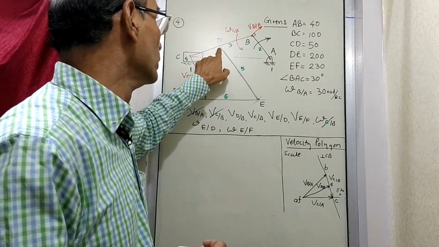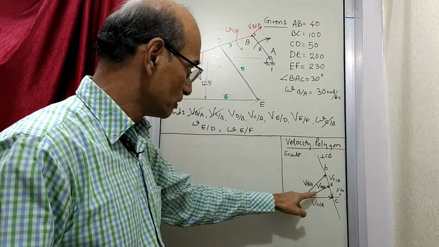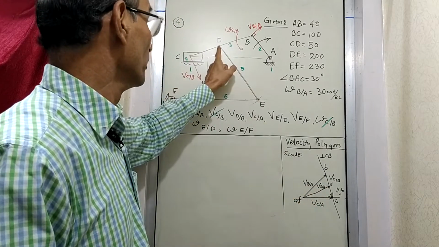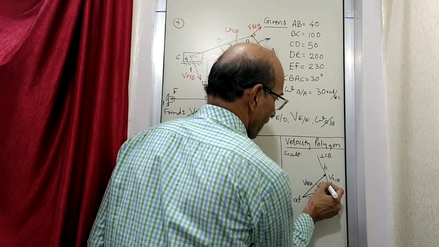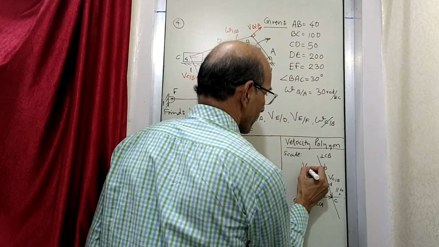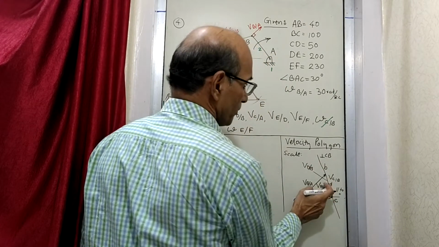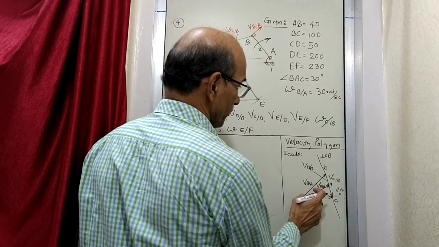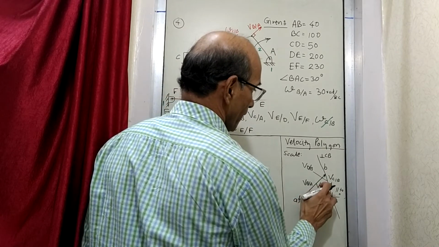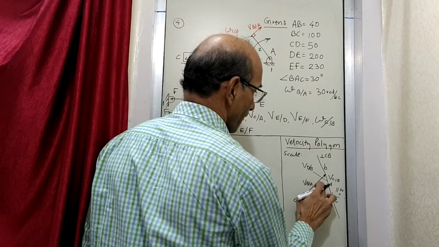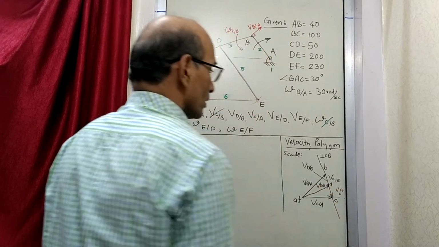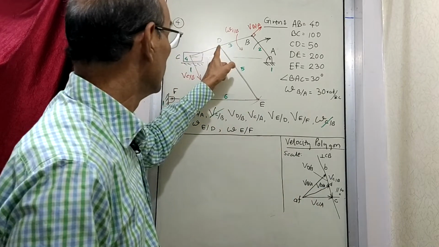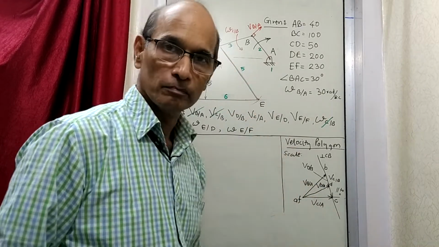So velocity of D we know with respect to A, which is this. Velocity of D with respect to B is this, and velocity of D with respect to A, this is A, is this vector.